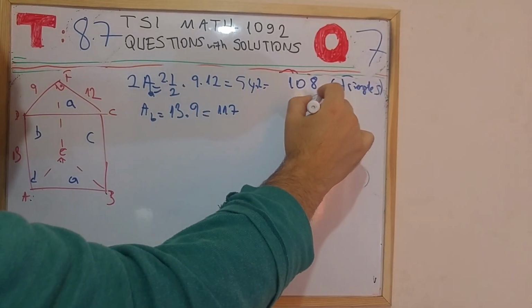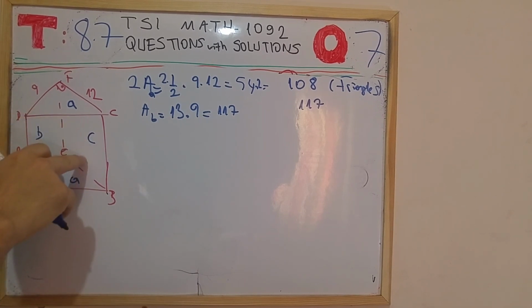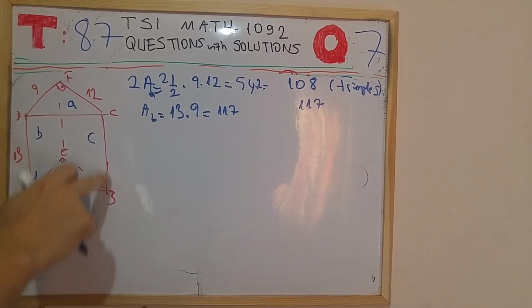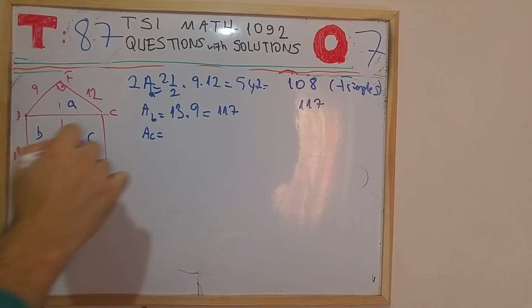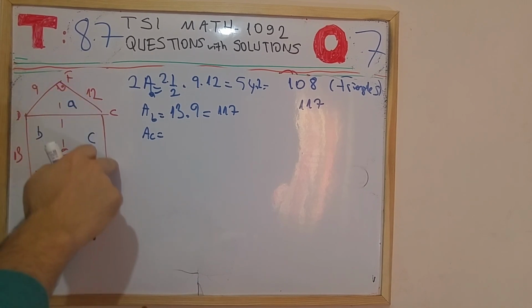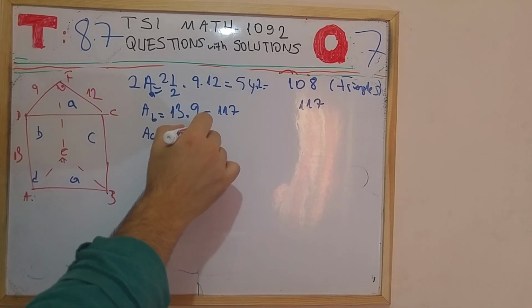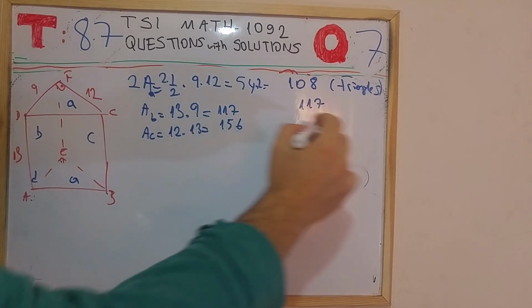So let's write it here, 117. Let's calculate the area of C now, which is FEBC. The dimensions are 12 times 13 this time. 12 times 13 is equal to 156.